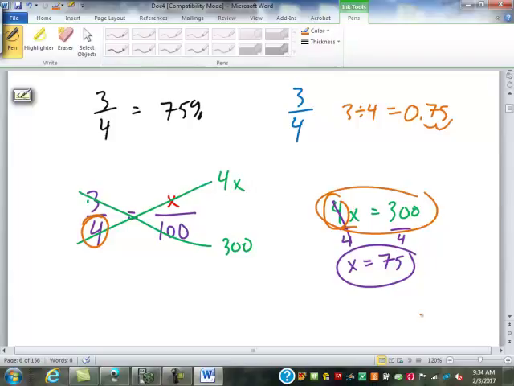Rather than cross multiply and solving an equation, we just do cross multiply and divide. We multiply the two numbers that are on the diagonal together, 3 times 100 to get the 300. Then we take the number that's on the diagonal with our missing number, and we divide by it. Divide by 4. It gives us the 75. So 75 out of 100, or 75%.